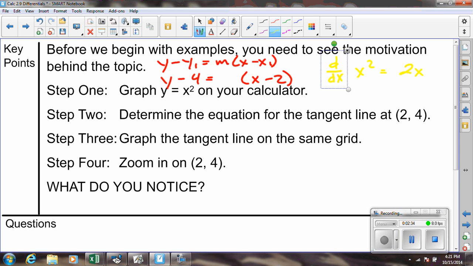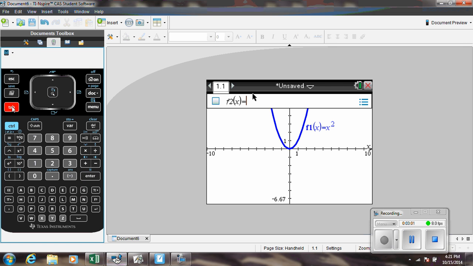We want to know the slope of the tangent line at the specific x value when it's 2, so we can plug in x equals 2 and get the slope of 4, and so here is the equation for our tangent line. I'm also going to note that you could just add 4 over and get something that we could type into our calculator, which we can then do here.